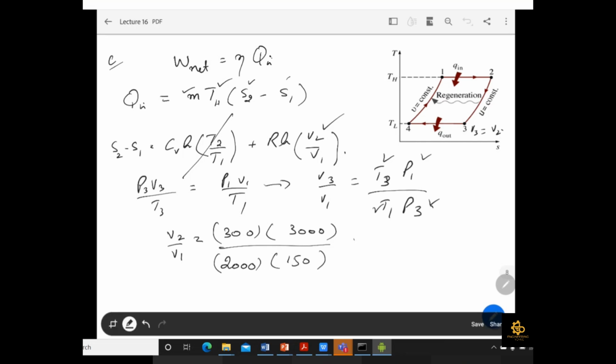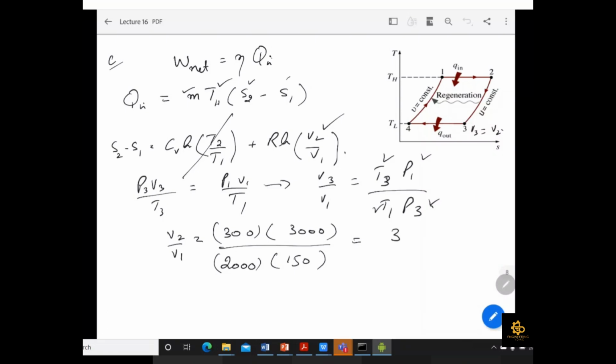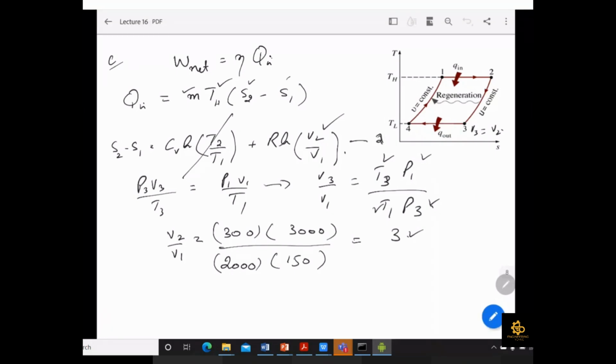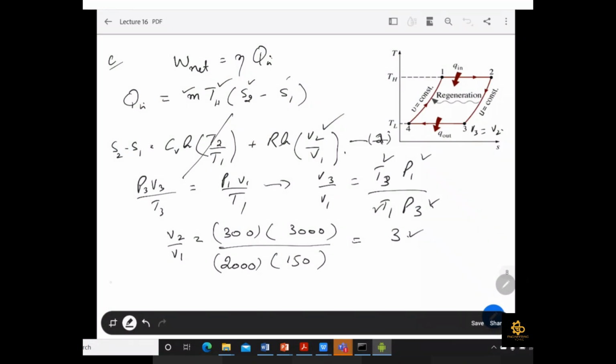From here we can find the value of V2 over V1. Now this value is known to us, so we can put it into equation 1 and get the value of S2 minus S1.